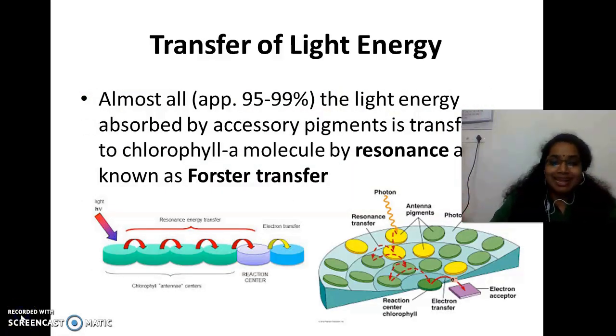Almost all pigments except chlorophyll A are called accessory pigments or antennae pigments. Almost 95 to 99% of the light absorbed by the accessory pigments is transferred to the chlorophyll A molecule by resonance, also called Förster transfer. Chlorophyll A molecule also absorbs light directly.